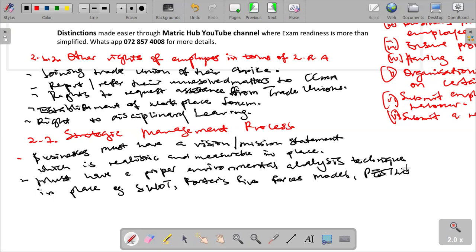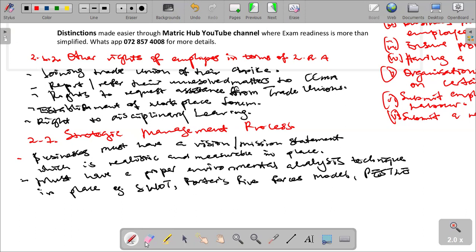Either of these or both of them can be used as approaches in assessing the business operations. You understand?